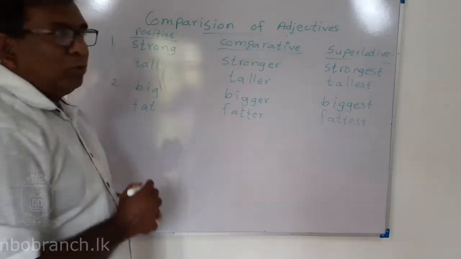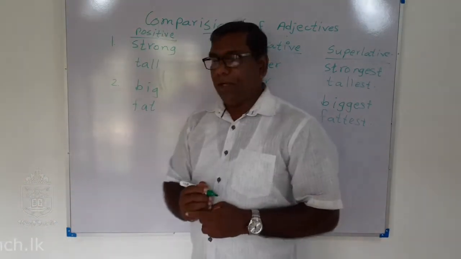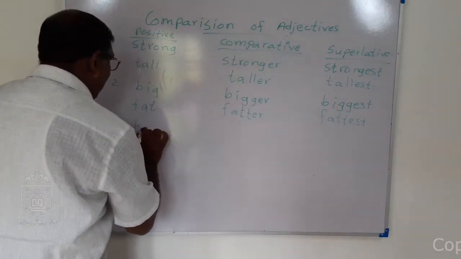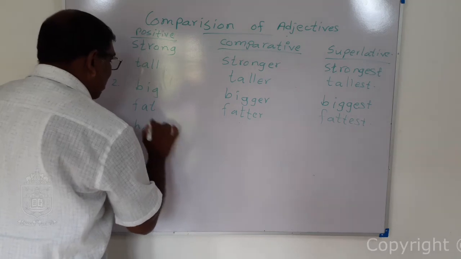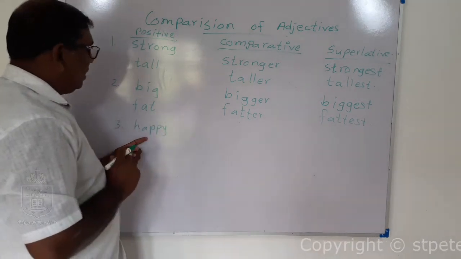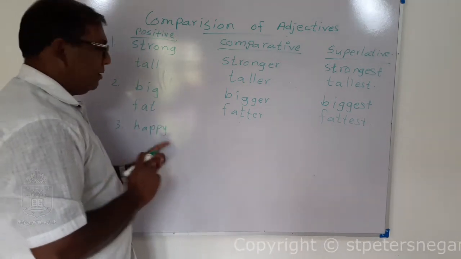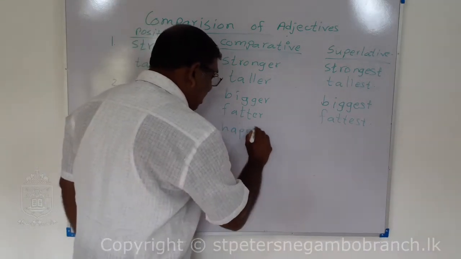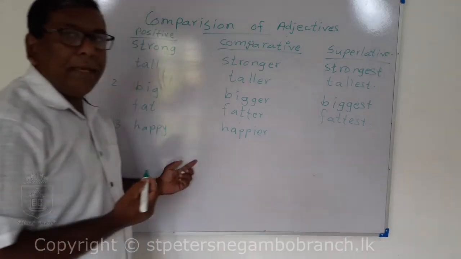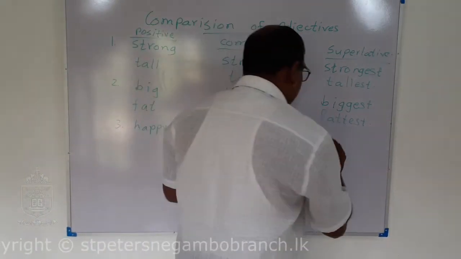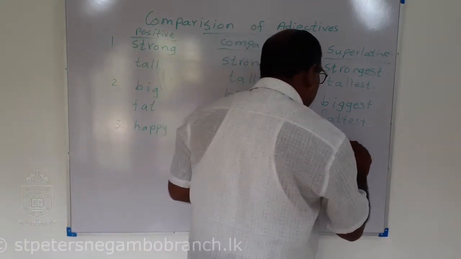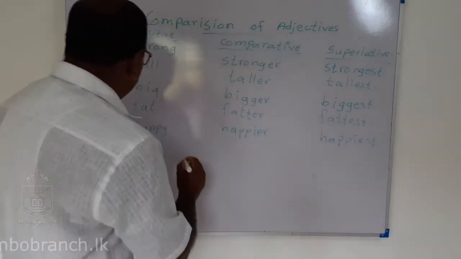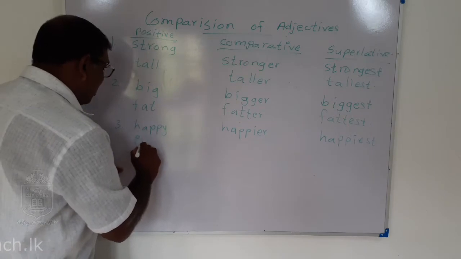Now we'll move into the third step. Number 3, happy. Now look at this. This word is ending with Y. So we have to drop Y and add IER. So happy, happier. The superlative is happiest. We'll see another example in the same way.